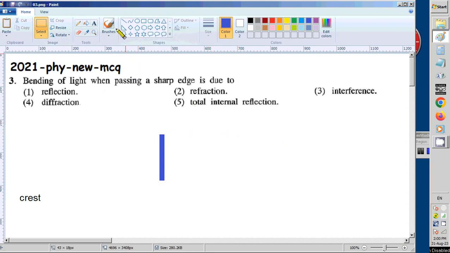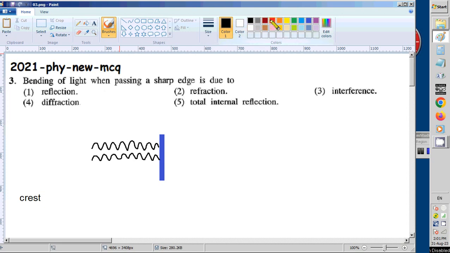After arranging it, we can start the vibrator, then waves begin to propagate like this, and fall on this glass cube, or what they say in this question, the sharp edge.